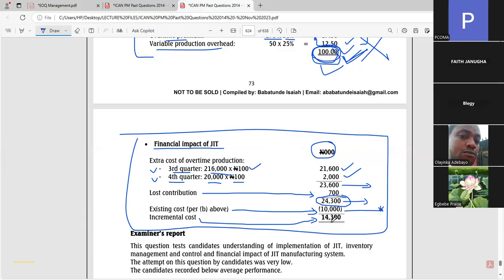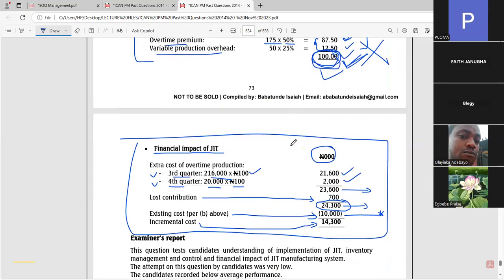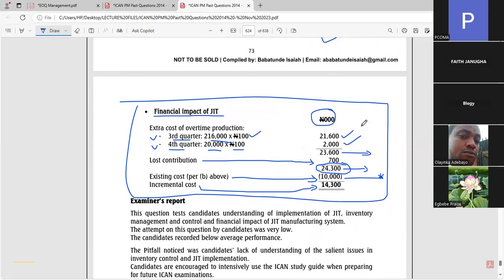It's too much. So please, do not operate just in time. Keep using your warehouse. If you do, you do not need to work overtime, and you will not be losing 4,000 units of sales. Are we good to go?